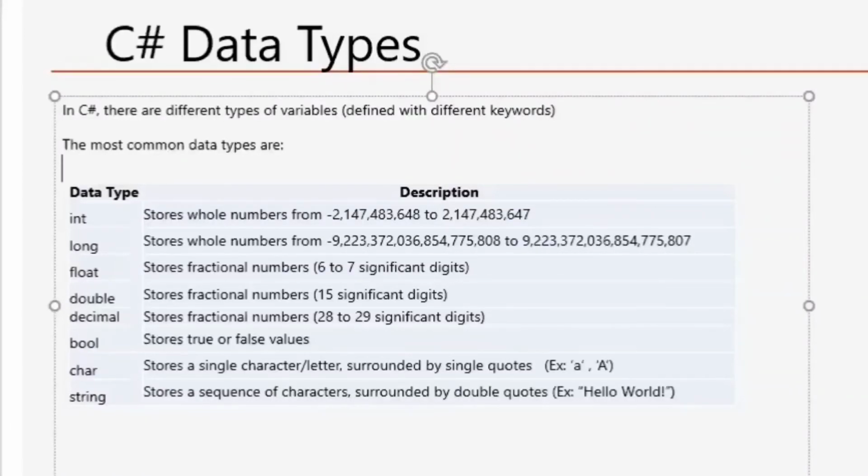There are various kinds of storage. So if you take a long instead of an int, the int uses a smaller space than long in storage.